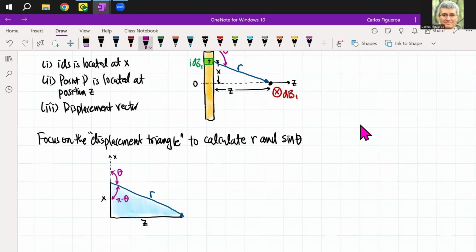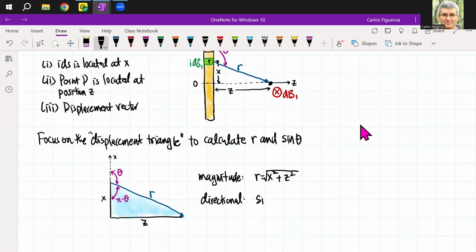Now I can calculate these guys. If I look at the magnitude, I can see that r, from the hypotenuse rule, is going to be this guy right here. Now, if I look at the directional part, the angle that I have here is pi minus theta, not theta.